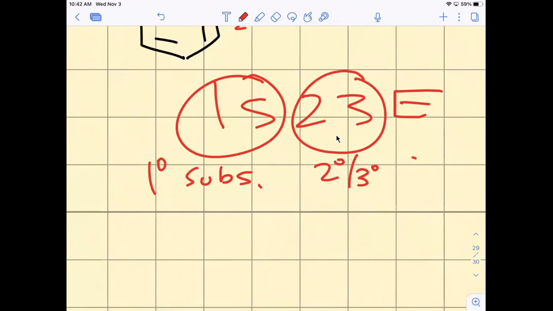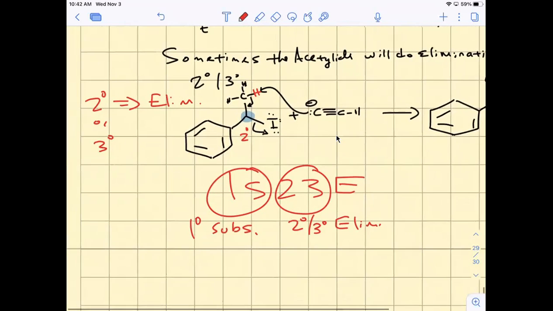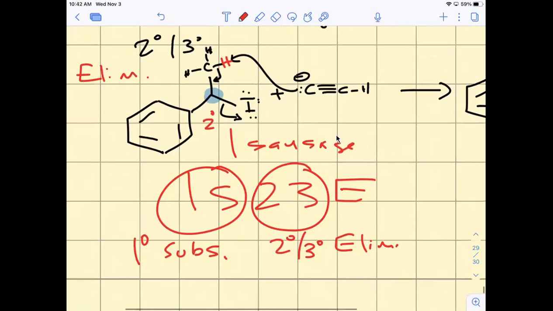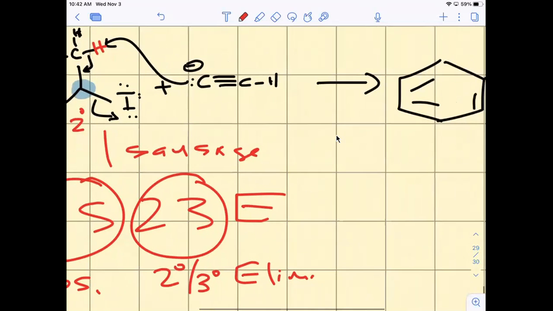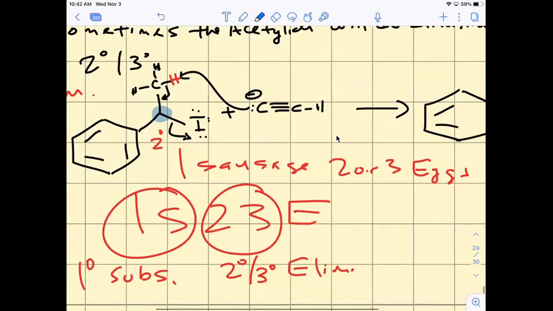So it's like 1 sausage or two or three eggs. That's the way I gave you to remember that. So 1S and 2, 3E. Primary is substitution, secondary, tertiary is elimination.